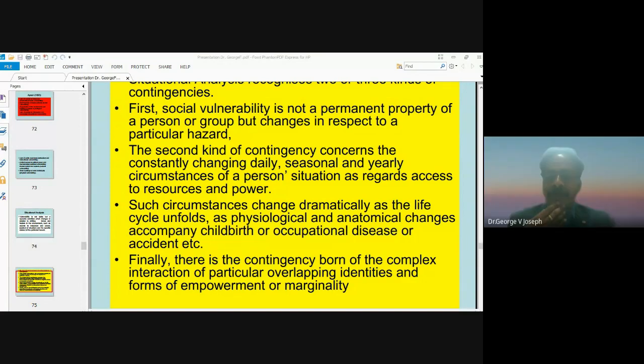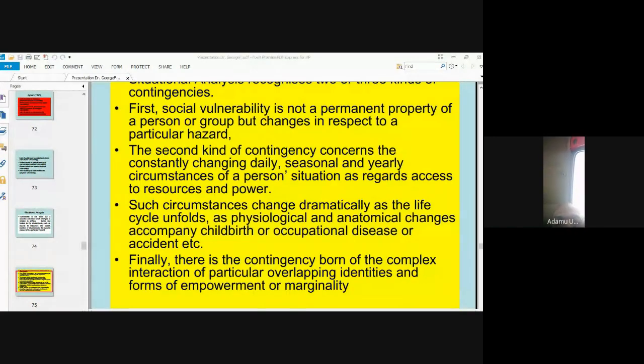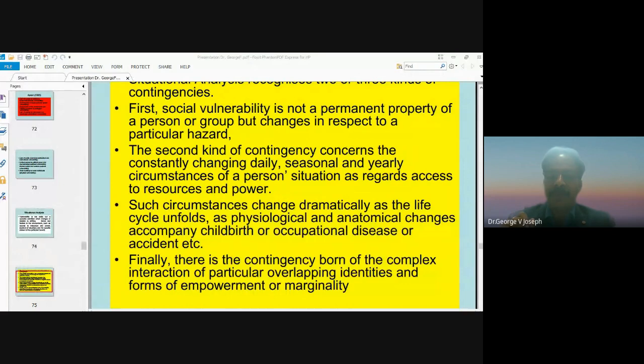So vulnerability is a very complex phenomenon, it is situation specific, and it is dynamic. If you did a vulnerability analysis of your community one or two years back, it may not be true today. So there should be regular assessment of vulnerability, at least on a yearly basis.